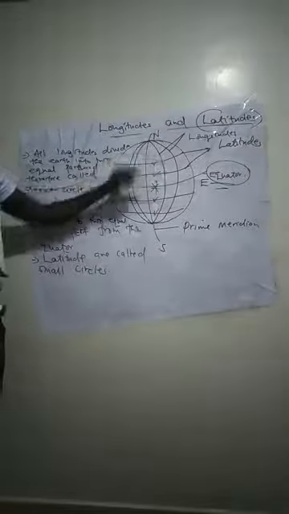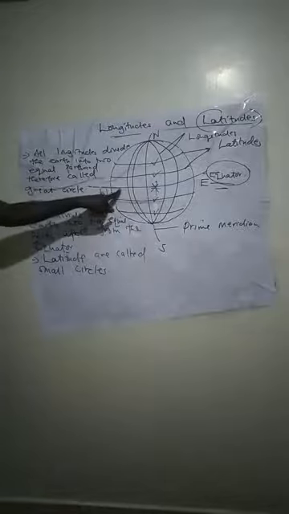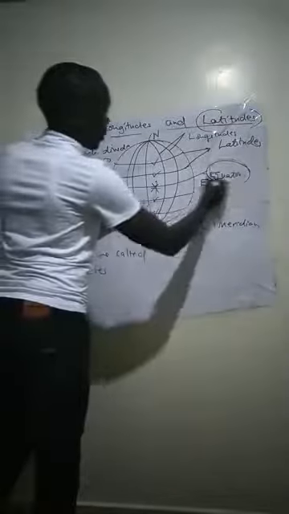Since we've said that the equator is the only latitude that divides the Earth into two equal parts, we can therefore conclude that the equator is the only latitude that is a great circle. Why? Because it divides the Earth into two equal parts. Let me take that again.